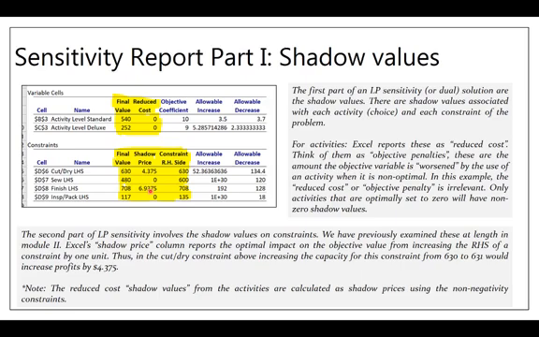And so easily some of the most valuable pieces of these solutions is in the sensitivity report. And of course, a huge boon to linear programming as a technique is this automatic calculation of these shadow values. A way to go in and price every constraint that limits your solution. You get a price that tells you what it would be like if that constraint was relaxed just a little bit.